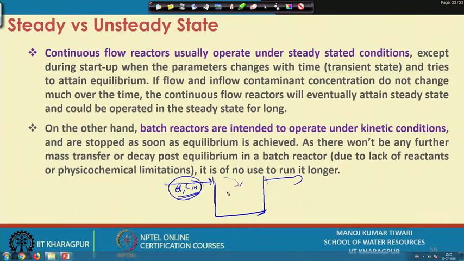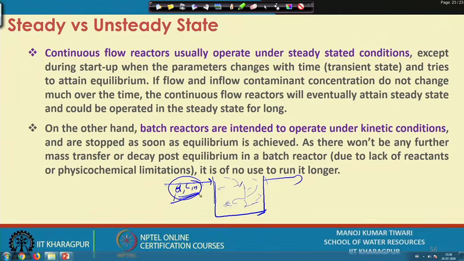During the startup process, when you begin the reactor, there might be some fresh water, or the bacteria responsible for degradation or decomposition, so the parameters will obviously change with respect to time. During startup it will be in the transient state, but eventually, over a period of time, it will attain equilibrium. If the discharge and inflow contaminant concentrations do not change with respect to time, the continuous flow reactors will eventually attain steady state, and then they will operate in a steady state.